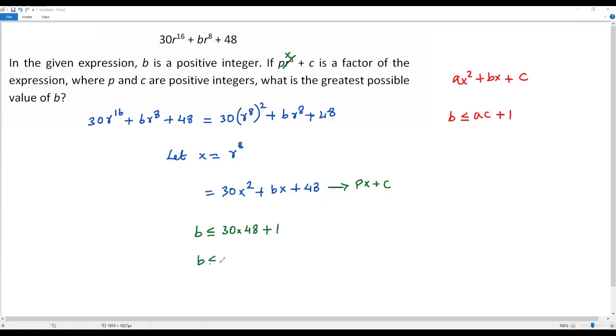Okay, here b less than or equal to, when I multiply 30 and 48, I am getting 1440, plus 1. B less than or equal to, when I add these two numbers, I am getting 1441. So the value of b can be 1441, otherwise it has to be less than 1441. Therefore, the greatest possible value of b is 1441.